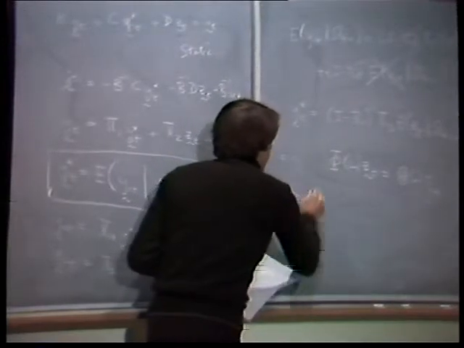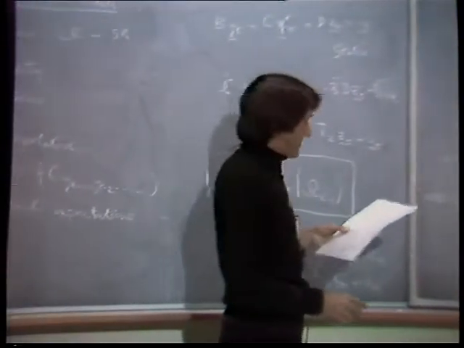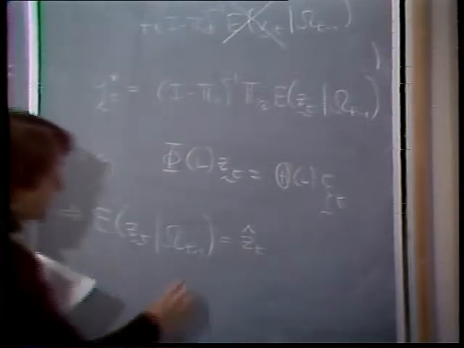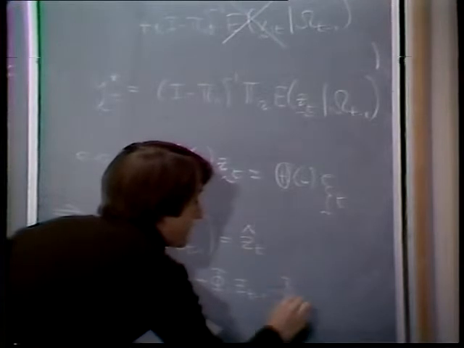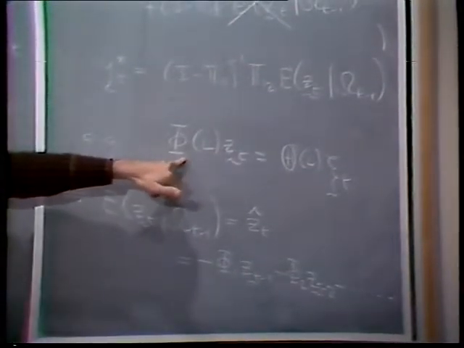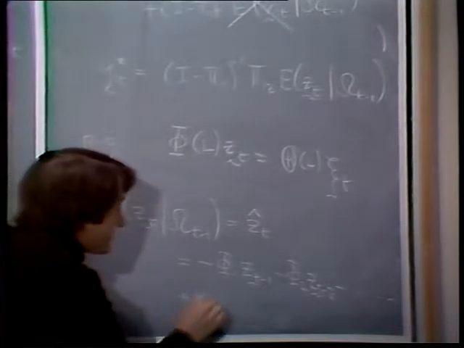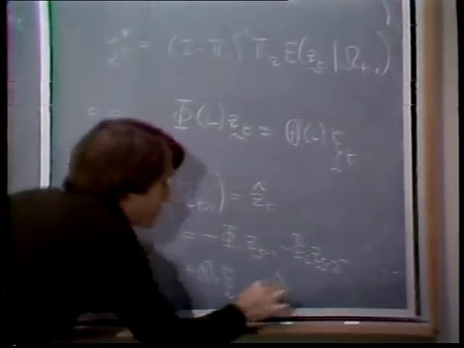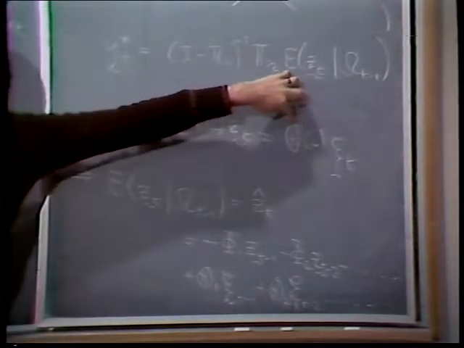That implies that the expectation of Z_t conditional on all information up to time t minus 1, which we'll denote by Z_t hat, will be minus phi 1 Z_{t-1} minus phi 2 Z_{t-2} and all the other terms up to whatever order this capital Phi(L) matrix polynomial is, then plus theta 1 psi_{t-1} plus capital theta 2 psi_{t-2} plus all the other terms up to the order of this matrix polynomial.